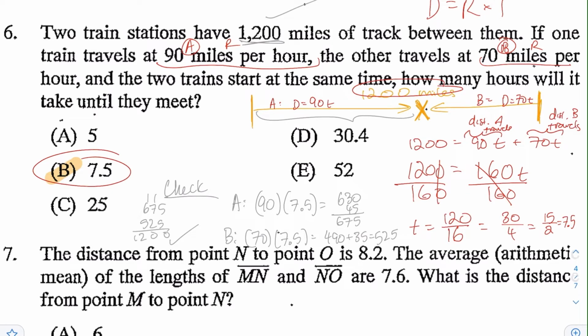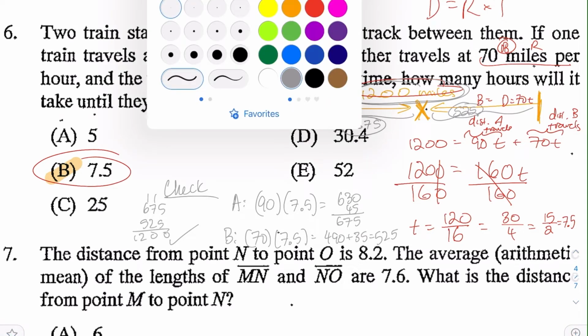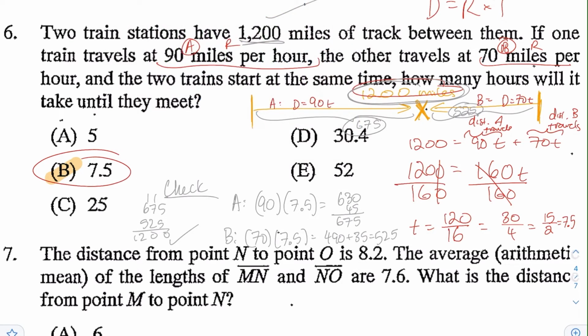This distance would be 675, and this distance here would be 525, and the total is 1,200. So for number 6, the key was to use d equals rt and just combine like terms.